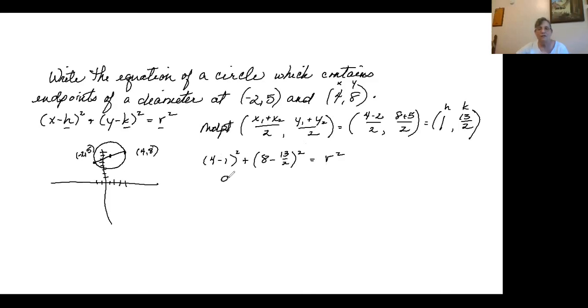This is 3 squared, which is 9. Plus, let's see, 8 over 1 minus 13 over 2 would be 16 over 2 minus 13 over 2, which is 3 over 2. And 3 over 2 squared is 9/4.